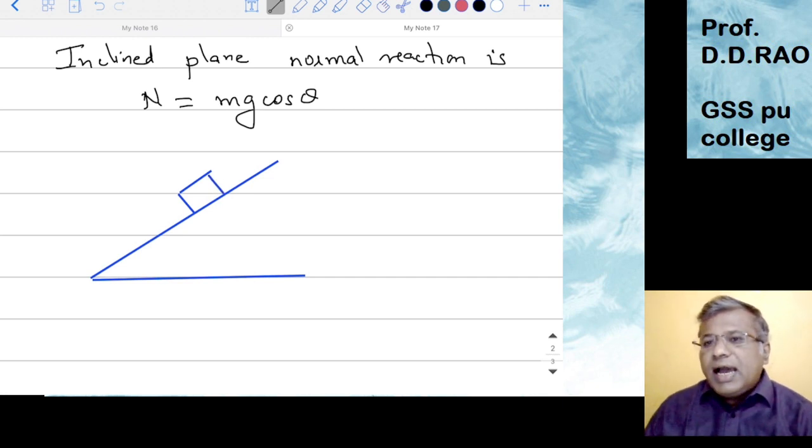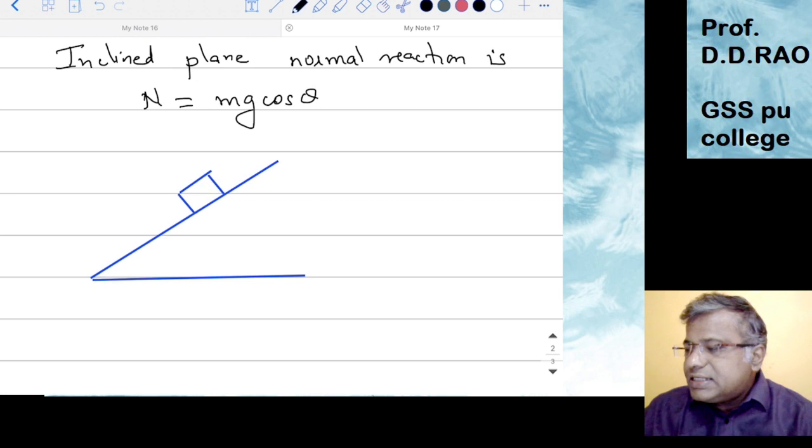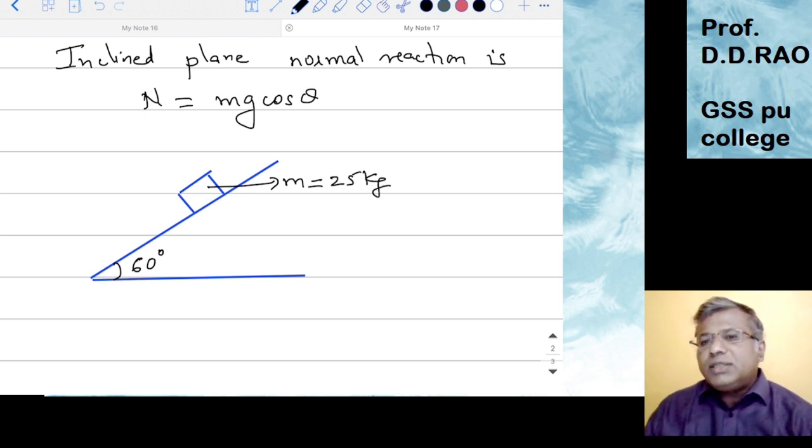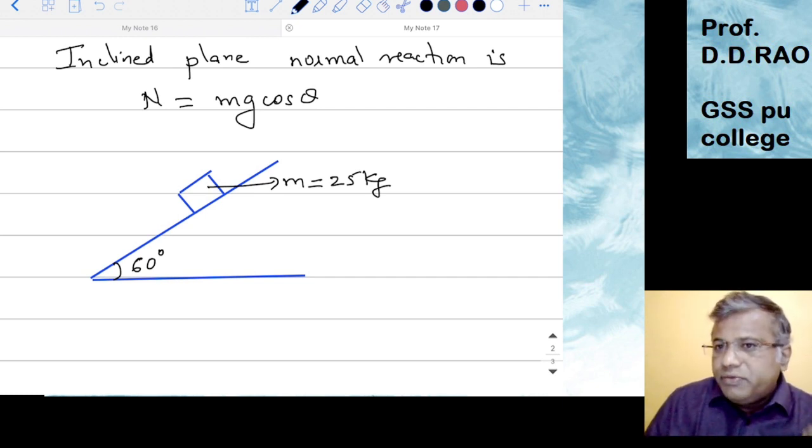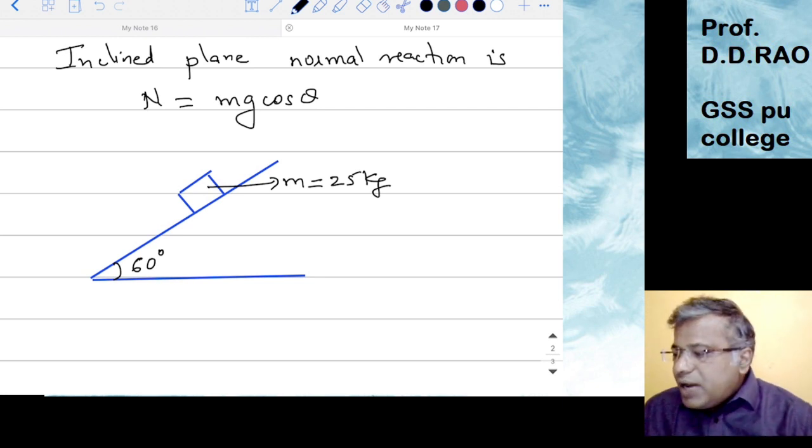I ask you this question: if this inclination angle theta is 60 degrees, and this object has a mass of 25 kg, then what is its normal reaction? Can we calculate the normal reaction as we did earlier? No, we cannot, because now the normal reaction has to be calculated like this.